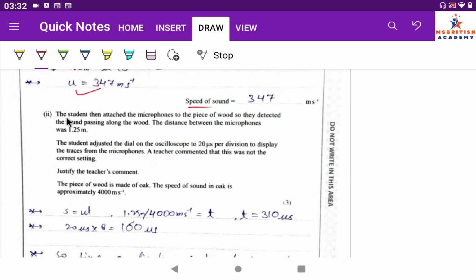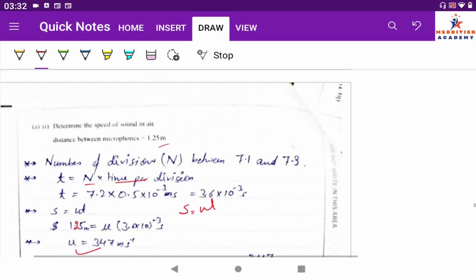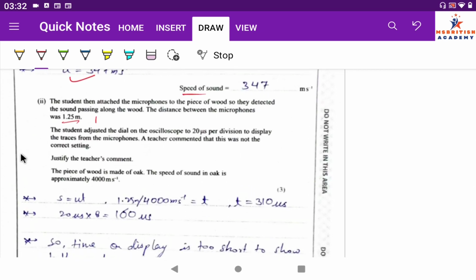Second part, the student then attached the microphones to the piece of wood, so they detected the sound passing along the wood. The distance between microphones was again 1.25 meter.